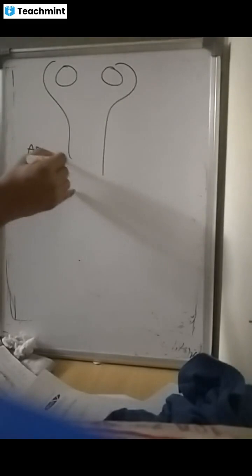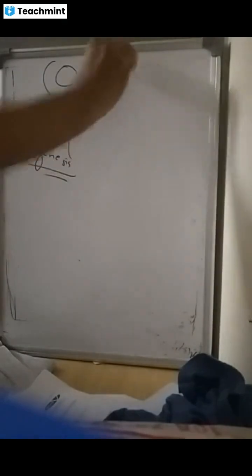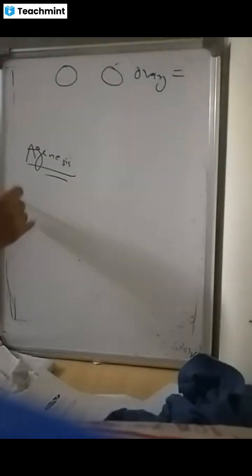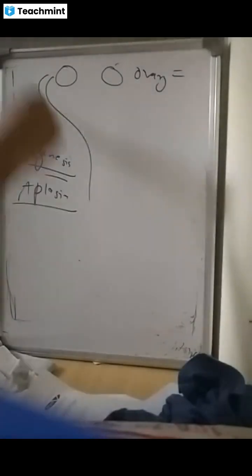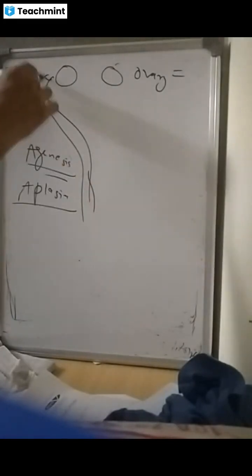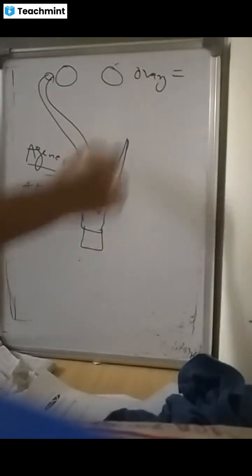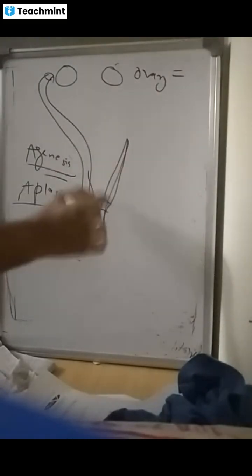We started with agenesis, where the Mullerian duct is absent, ovaries are present. Next we saw aplasia, where a part will develop, and this part will be vestigial, a remnant or lesion.